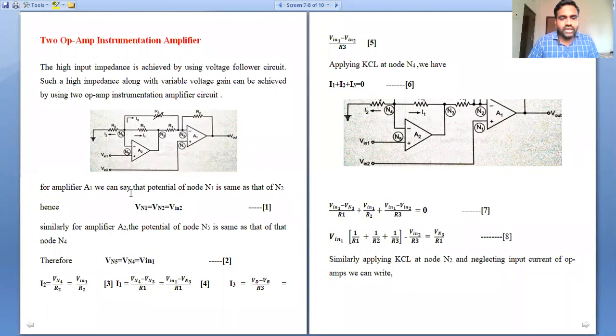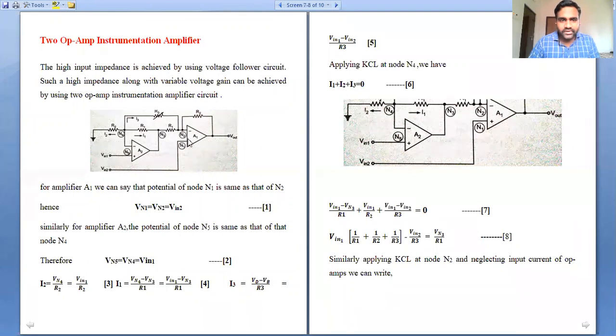If we analyze in a mathematical manner, the voltage at node 1 is equal to the voltage at node 2. This is node 1, this is node 2, this is node 3, this is node 4, and this is node 5. Here we have a non-inverting terminal input, and node 2 is called the virtual earth point or virtual ground point.